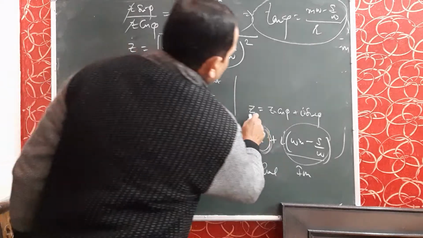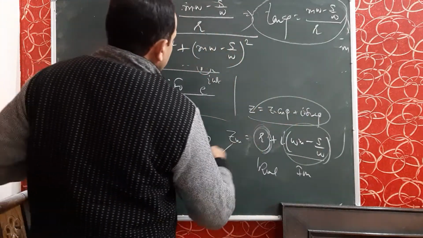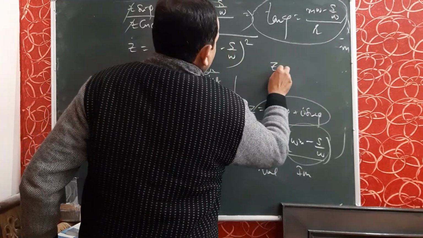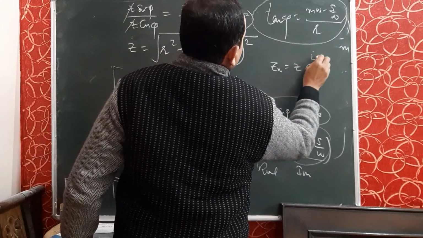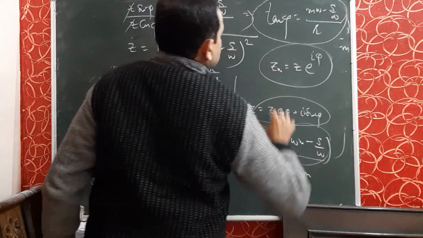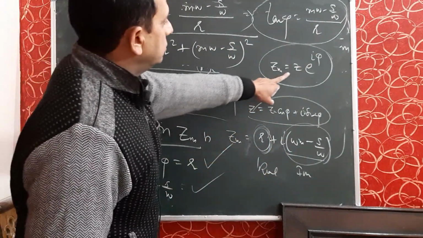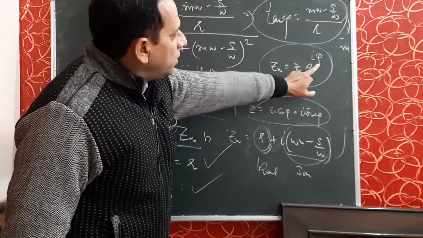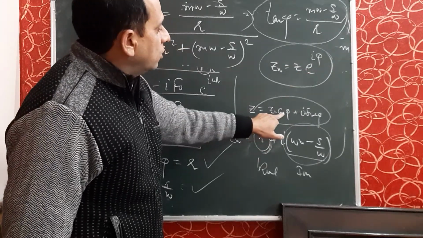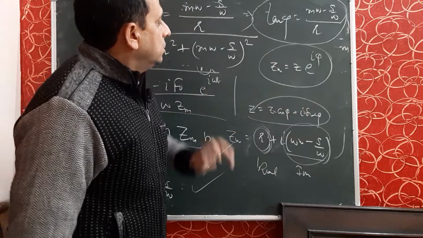So this complex number may also be written as Zm is equal to Z into e power iota phi, because when we open it, e power iota phi means cos phi plus iota sin phi. It will become Zm cos phi plus iota Zm sin phi.